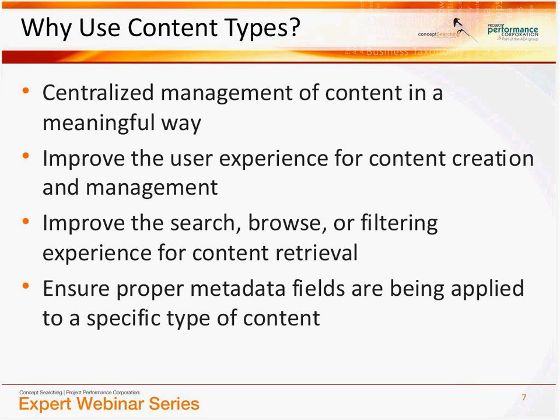But what you're able to derive from this extra bit of categorization is additional means of being able to filter the content within a library, being able to present and aggregate content types from across different libraries into one web part, and also improving the search if you have the content type being one of the key features or facets that a user can search against in order to find information.